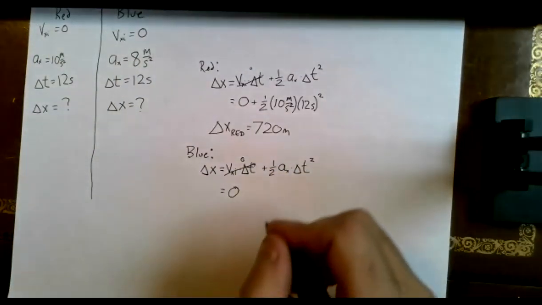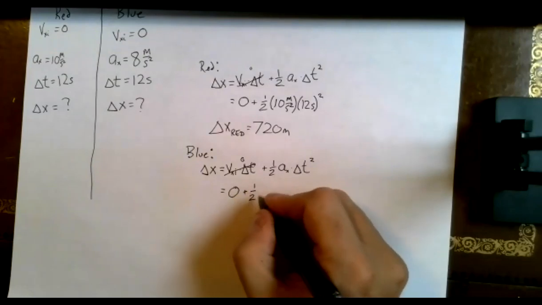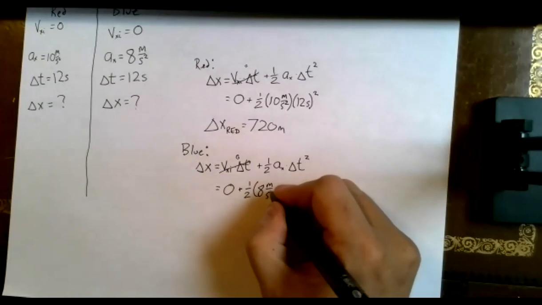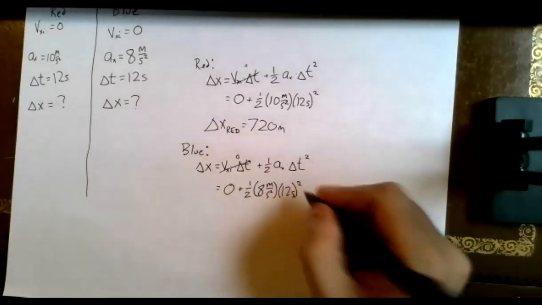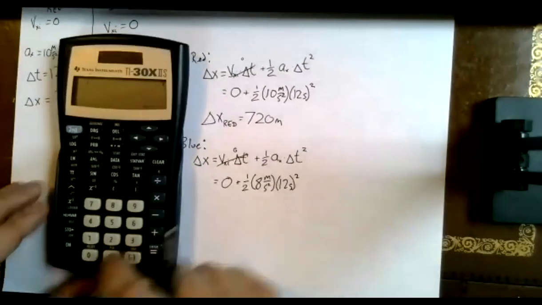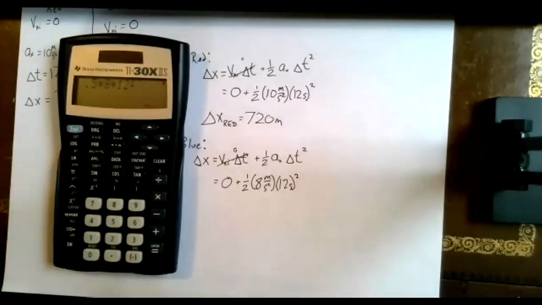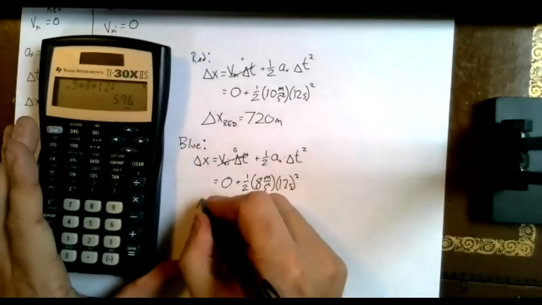Anything times time, or 0 times anything, is 0. Plus this time we do 1/2 times the blue acceleration, which is only 8 meters per second squared, times the 12 seconds. And square that. So for the blue car, 0.5 times 8 times 12 squared is 576.